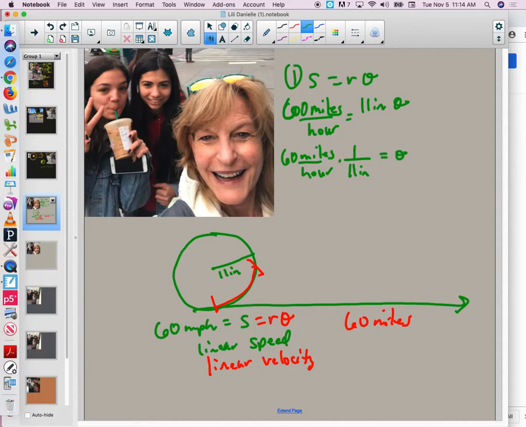I can't divide miles by inches though, so I'm gonna have to use some conversions from my other classes, okay? So I'm gonna say 60 miles per hour times 1 over 11 inches. Then I'm gonna go to 12 inches in 1 foot. Inches are gone. And then I'm going to go from feet to miles.